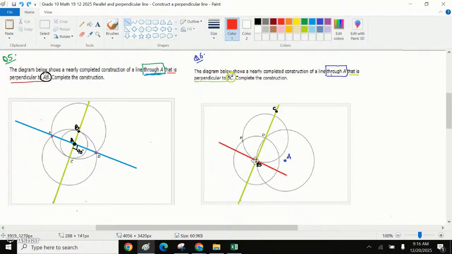Yes, it can be. Can this be perpendicular through D? Yes, it can be. If through C, it's still a perpendicular. But what we need to see is that it has to pass through point A as well. So once we draw it like this, it will be passing through point A. Okay, so we can say that this line, when passing through point A, is intersecting the line B and C at right angles.